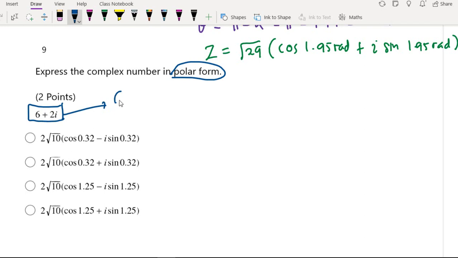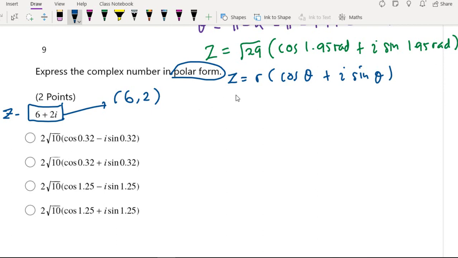Change to the coordinate (6, 2). Assume this is z. The polar form is z equals r(cos theta plus i sin theta), as in the previous number.